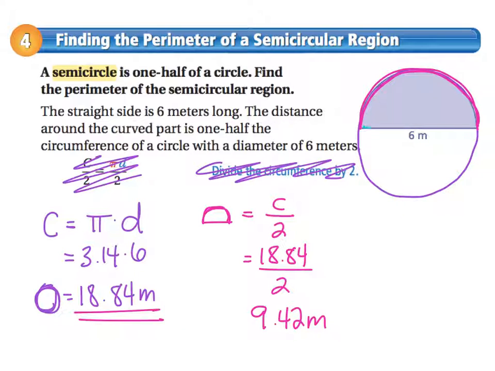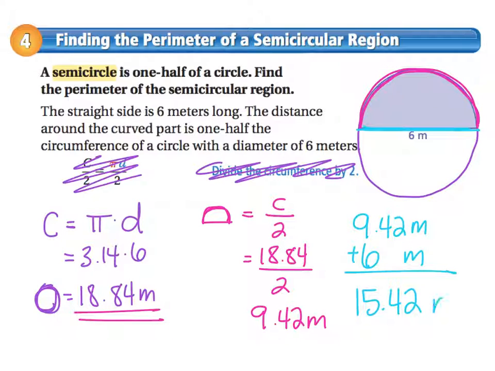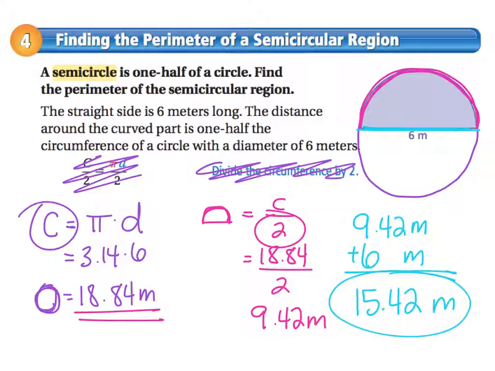However, our perimeter also includes this straight edge. So I have to take my 9.42 meters, and to that I have to add the 6 meters on that straight edge to get a grand total of 15.42 meters around that semicircle. So think about how I do this. I find my circumference, I divide it by 2, and then I add the straight edge to whatever I have, and I get my answer.